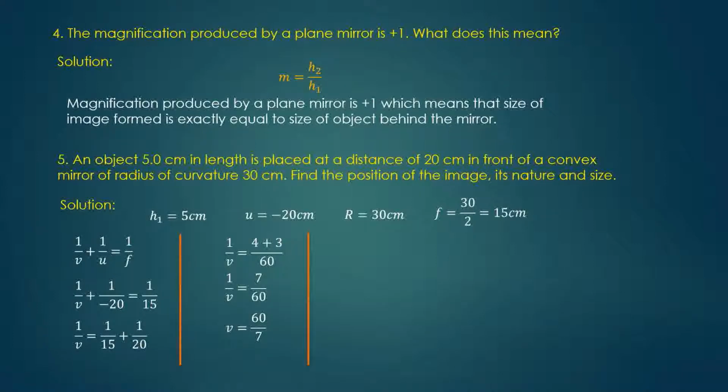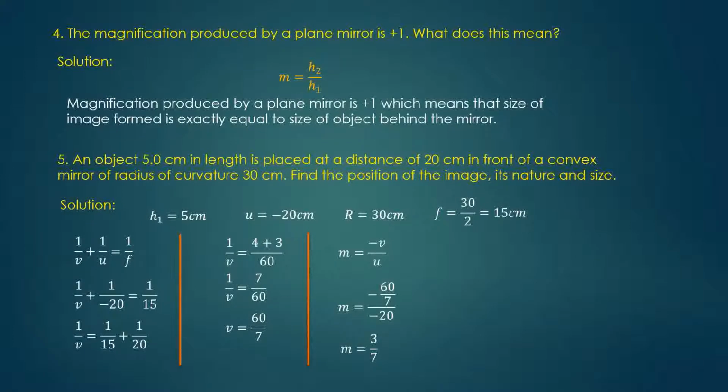Now we have to find the nature and size also. Now v is positive, it means the image will be formed on the other side of the mirror, that is behind the mirror. We know that for mirror m equal to minus v upon u. So put the value of v and u.